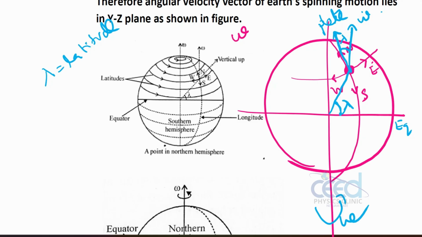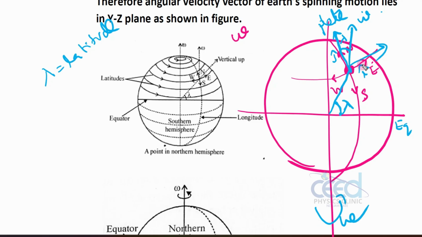Then this omega you can resolve into two components. So omega cos lambda j cap. This is j cap, this is i cap. The upward direction is k cap.